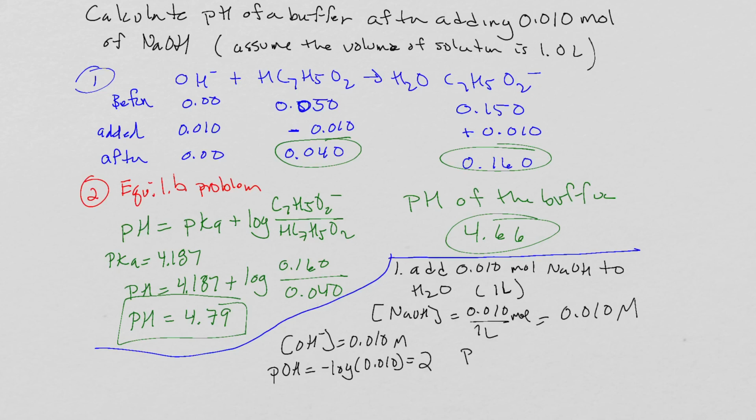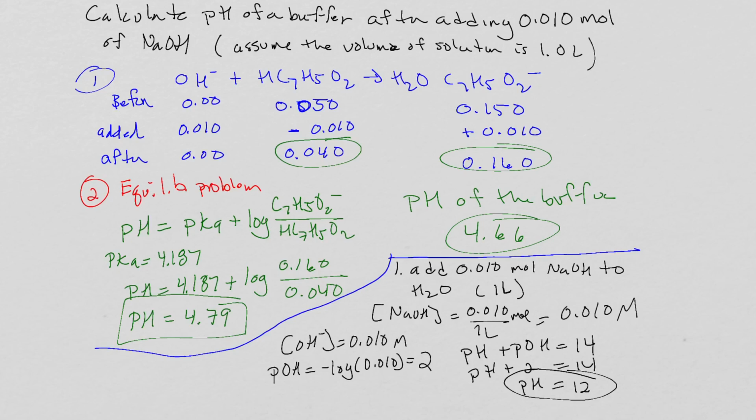Remember, the pH plus the pOH equals 14. So that means pH plus 2 equals 14, or the pH equals 12. So to get some comparison, if we were to add the same amount of sodium hydroxide to water, the pH would go from presumably 7-ish, neutral water, up to 12, right? So a huge change in pH.